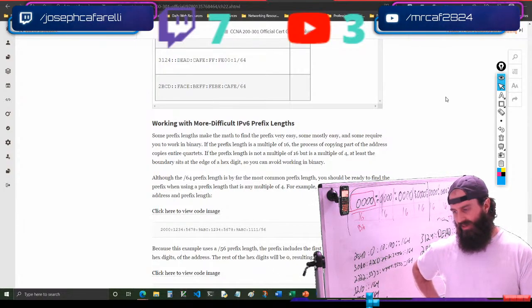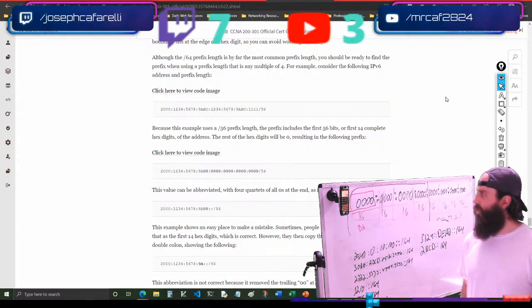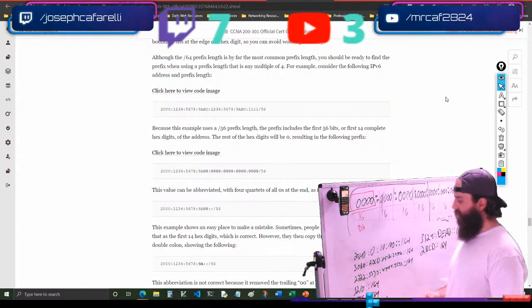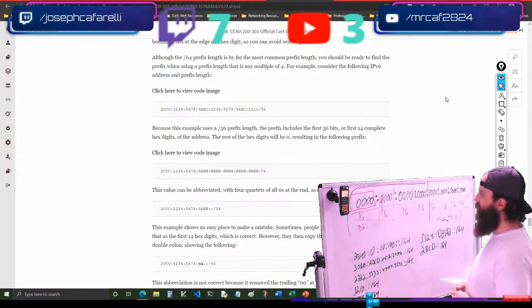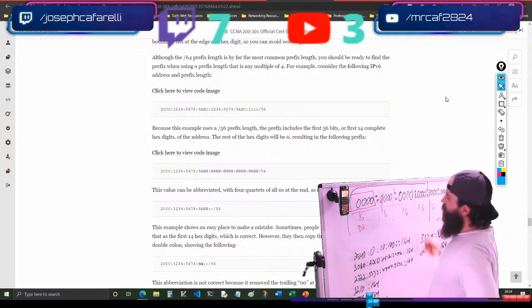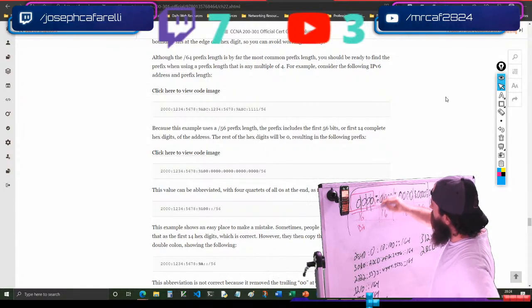All right, for the example, consider the following prefix length. What that is pretty much stating is, again, multiples of 4. Each hex digit here is a multiple of 4: 4, 4, 4, 4.